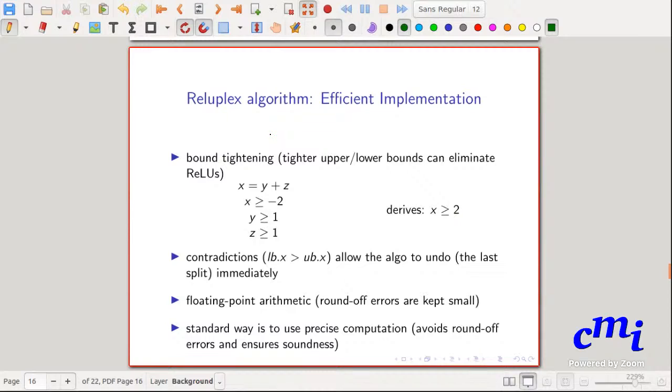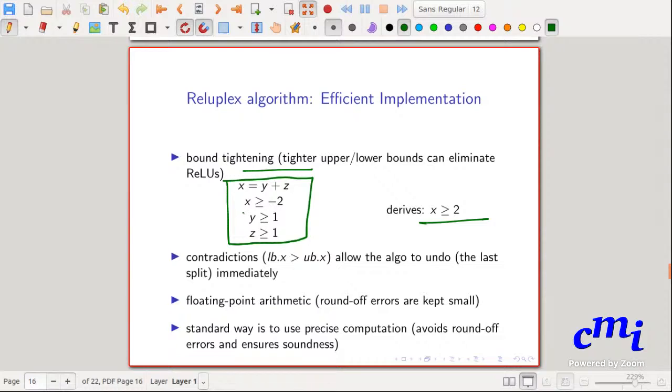Very quickly, I'll wind up in the next 2-3 minutes. There are certain other tricks that make this efficient. One of them is tightening of bounds. You have certain equalities and inequalities, and if from these you can find a tighter bound for some of the variables, it can help you reduce a case split. For instance, x is y plus z, and you have the inequalities that x has to be greater than or equal to -2, y has to be greater than or equal to 1, and z has to be greater than or equal to 1.